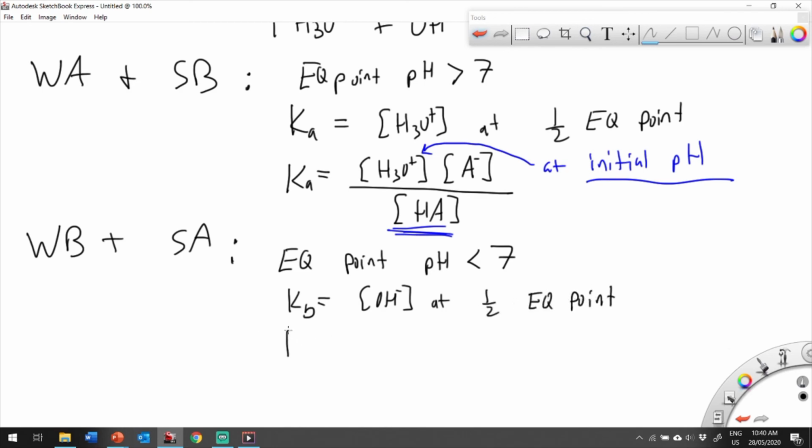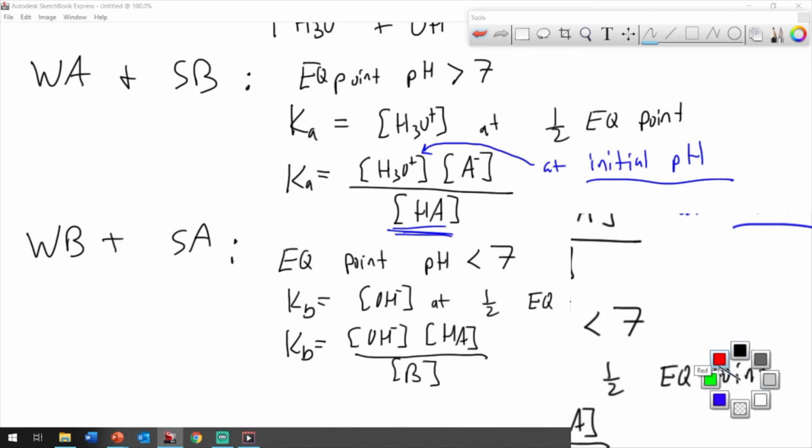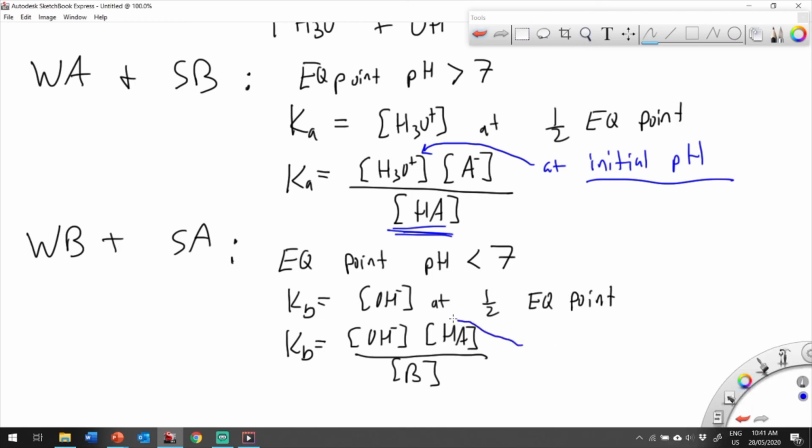And we can use the Kb equation to calculate the original concentration of our weak base. And again, noting that this concentration of OH is at initial pOH.